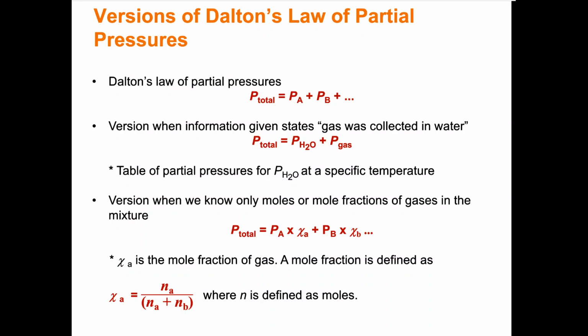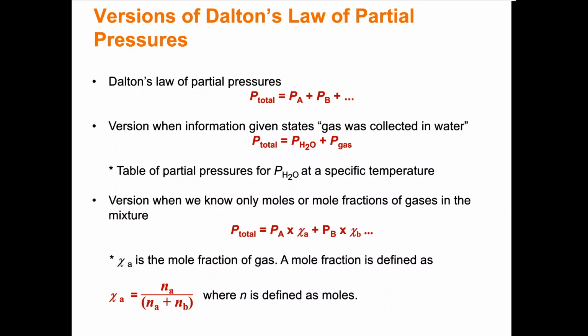Okay, so we just need Dalton's law for this one. We'll write out our Dalton's law. Remember that our total pressure of gas in the mixture is just P of A plus P of B. Here we have H2O2, which is a liquid, and it decomposes into vaporous water, or gaseous water, so H2O gas, and oxygen gas. Then we have two partial pressures for these.